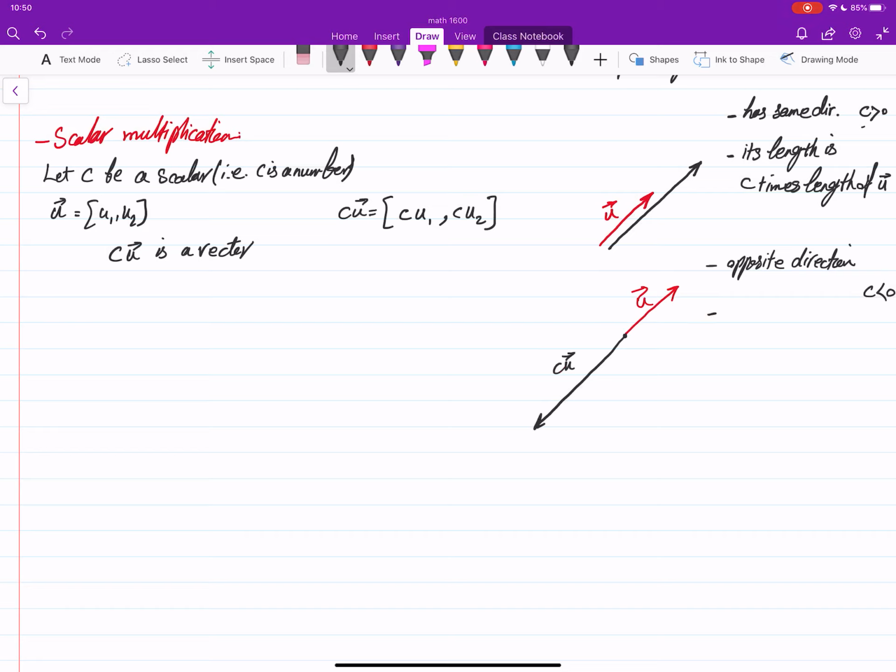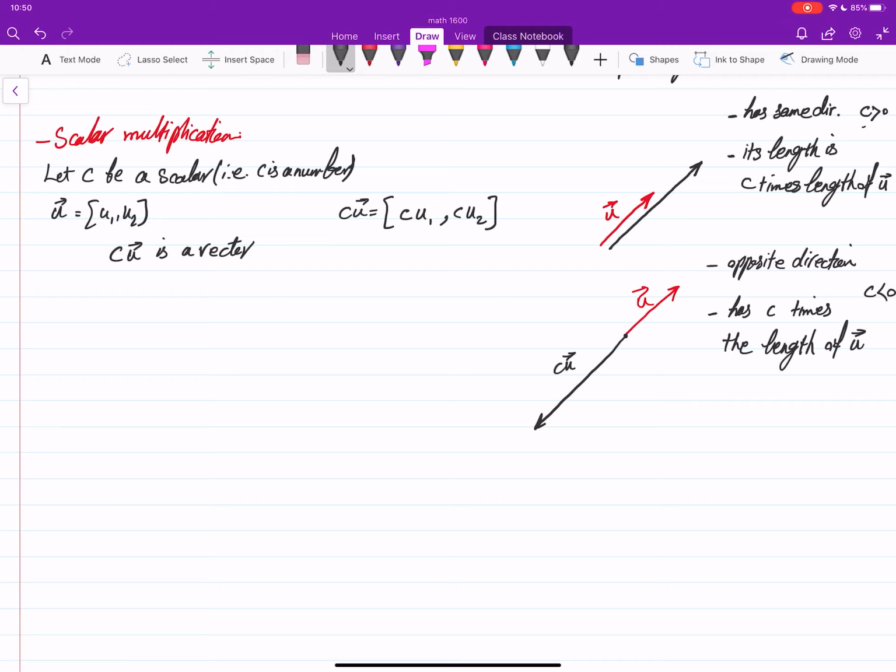The length will be c times the length of u.